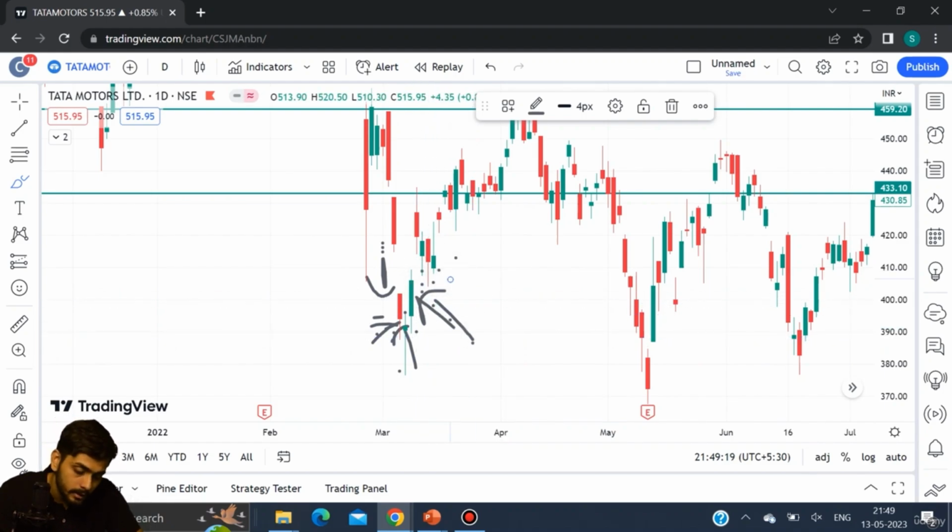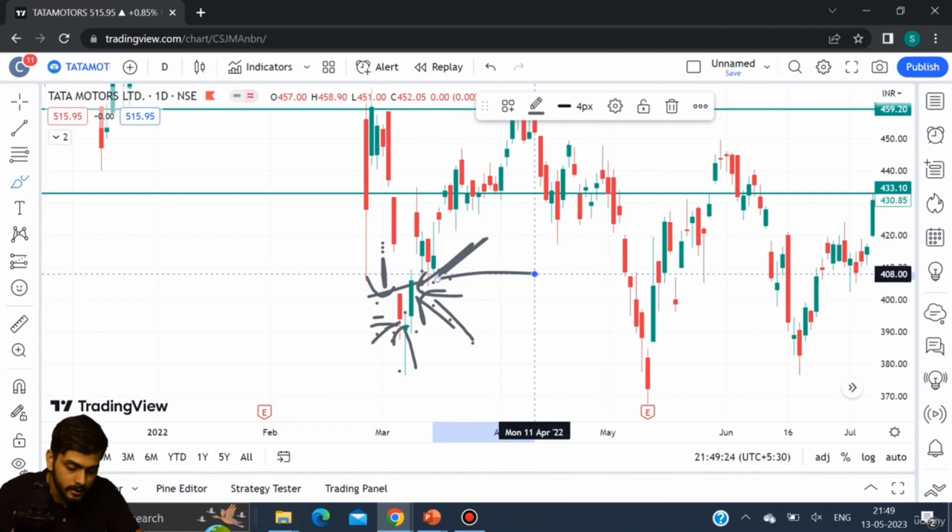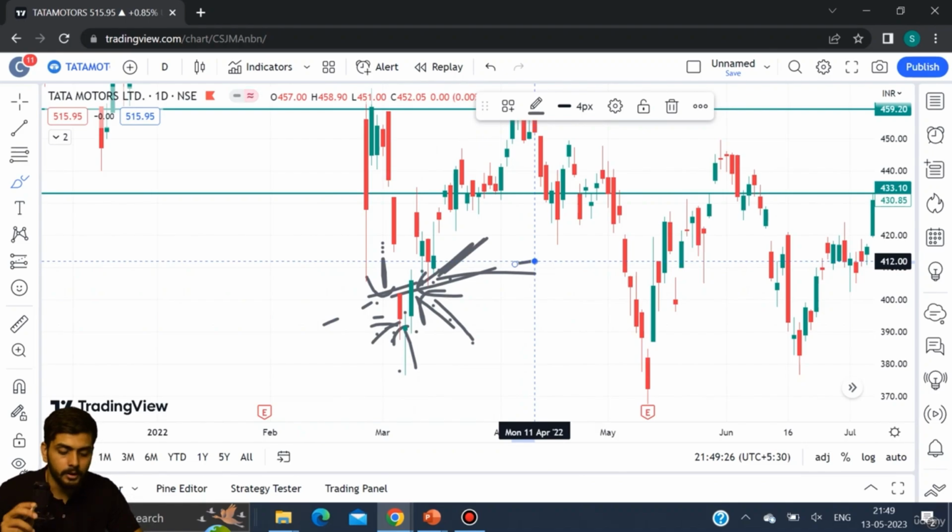Here we could have entered in this candle itself, because the resistance point of the candle was already broken.